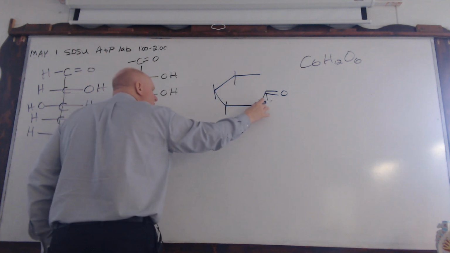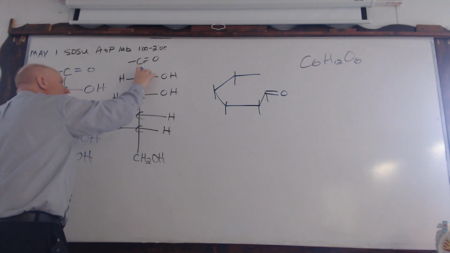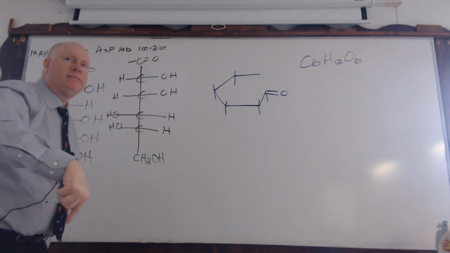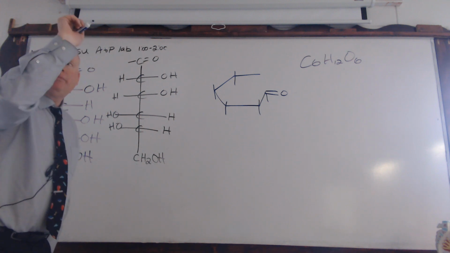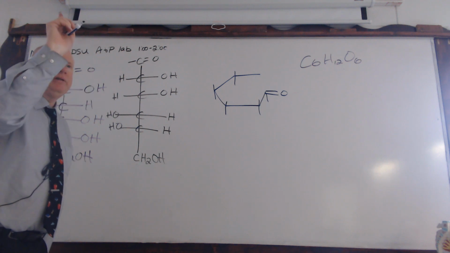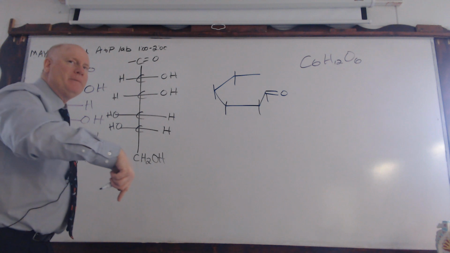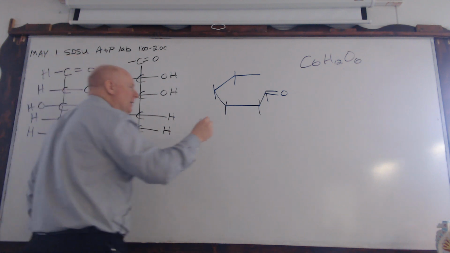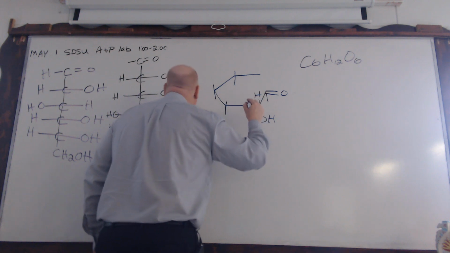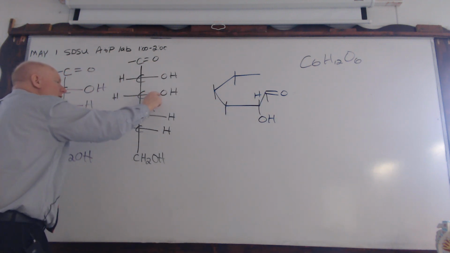So what does this tell you about carbon number 2? What happens with this OH? Is it up or is it down? We sure? Yes. Okay. What does that tell you about this OH on this carbon?